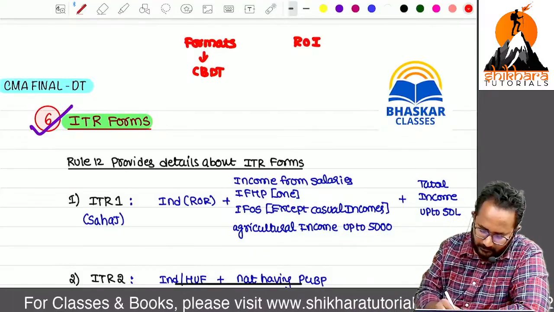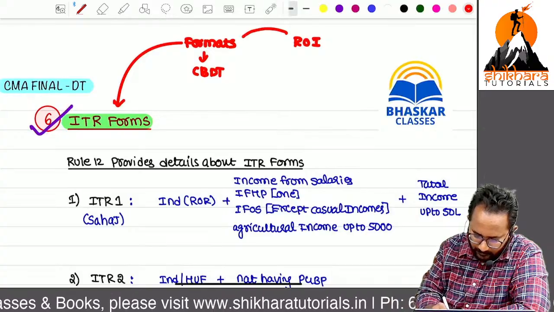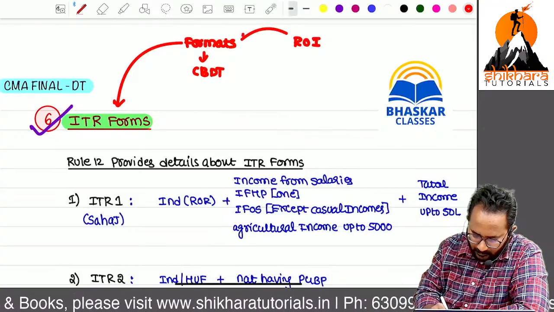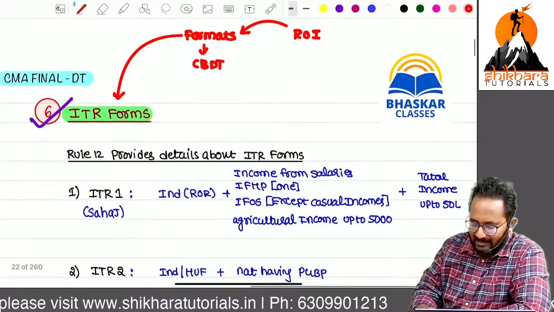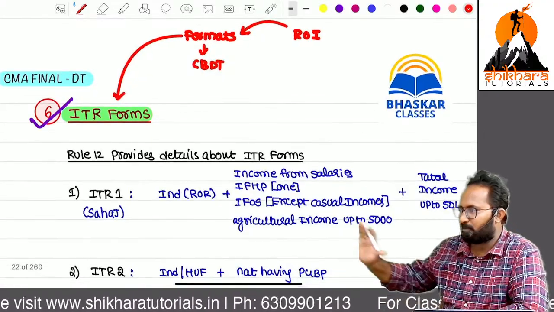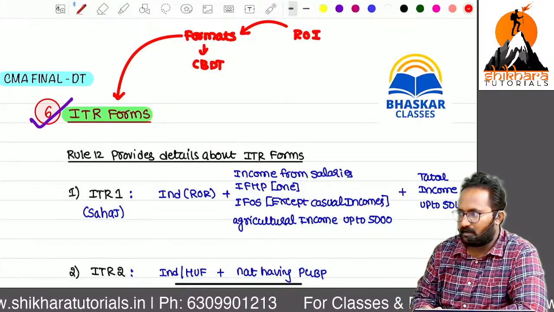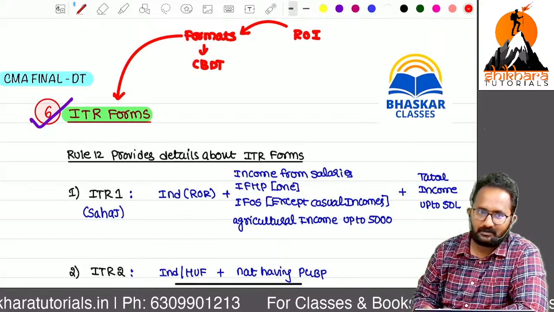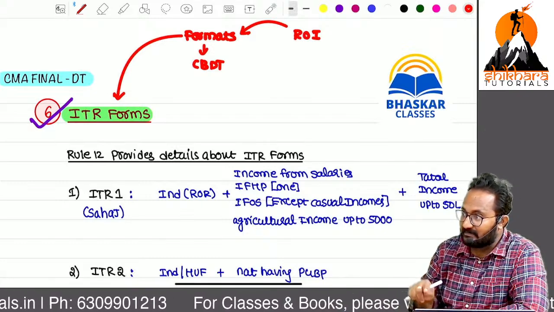CBDT. So those formats are known as what? ITR forms, Income Tax Return forms. In the Act, they do not say anything about the formats. In the Rules we have them.